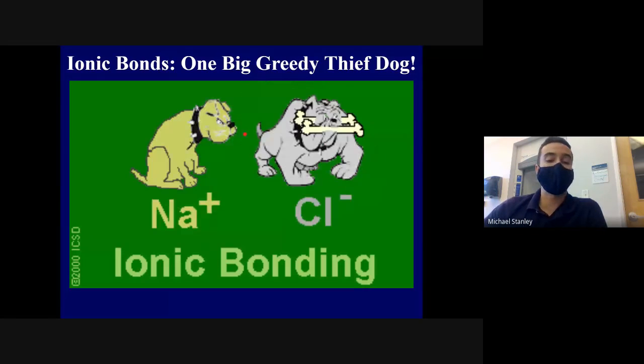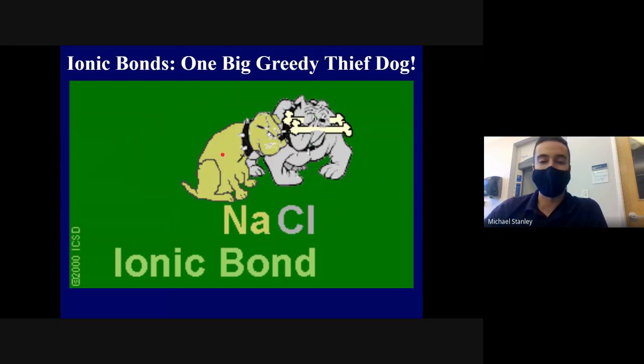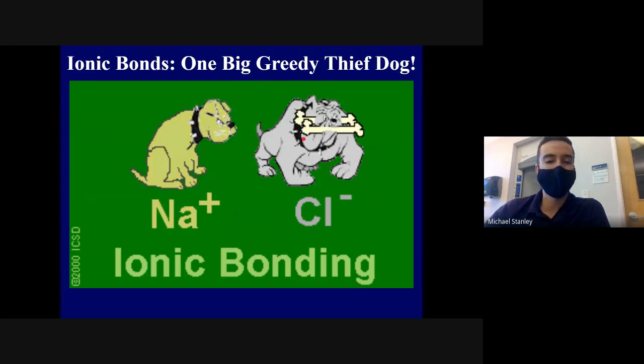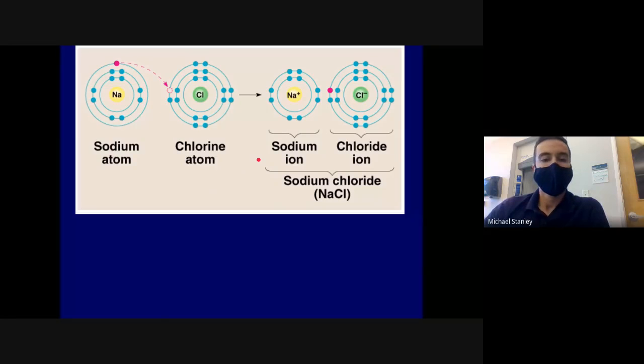So in this case, the reason that these guys are sticking together, well, if you're a dog, maybe the sodium dog is hoping that it can get back to those chlorine atom dogs. But the real reason why sodium and chlorine stick together after that transfer has to do with the fact that now they're no longer neutral atoms.